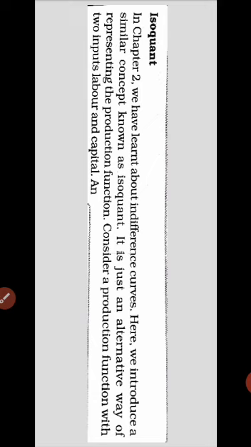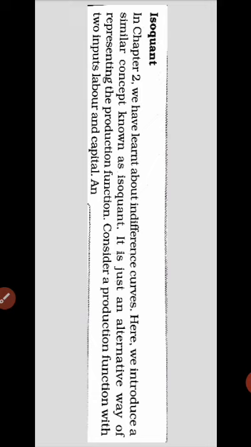Similar to the indifference curve, the isoquant curve explains that each point on the isoquant will give the same level of output by using capital and labor. An isoquant is the set of all possible combinations of two inputs that yield the same maximum possible level of output.